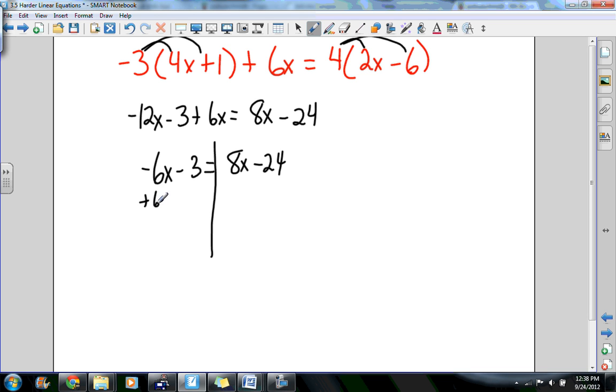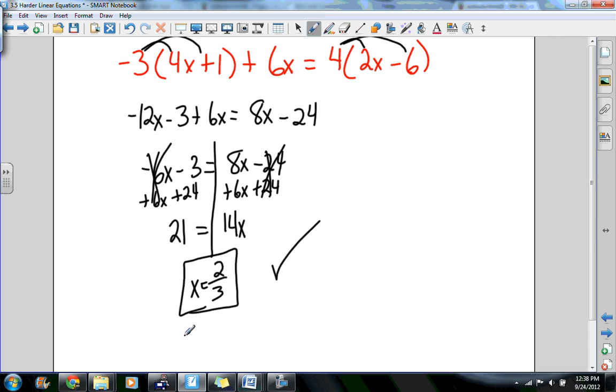So I'm going to add 6x. I'm going to move it to the right. I'm going to add 24 and move it left. So we get 21 equals 14x. So x equals 2 over 3.